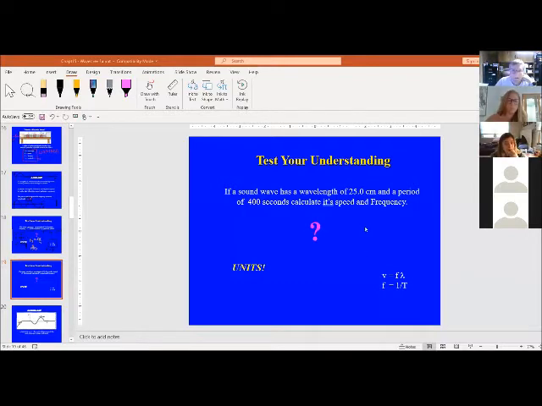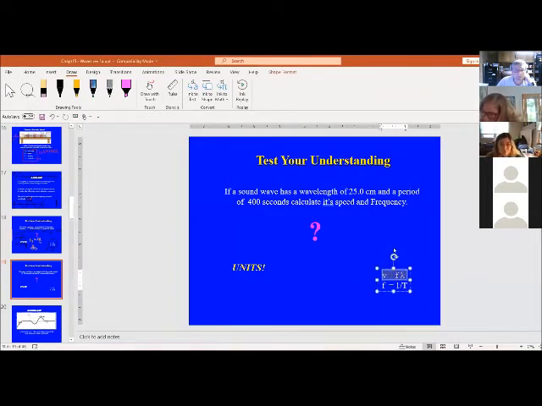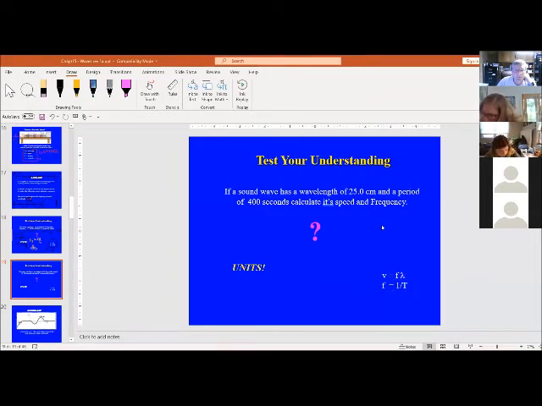Yes, you do. Okay, so a sound wave has a wavelength of 25 centimeters and a period of 400 seconds, calculate speed and frequency. I'm going to use this formula here for speed. Try this on your own. I'm hoping you can do it. I'll start to do it here, and only look if you need help.